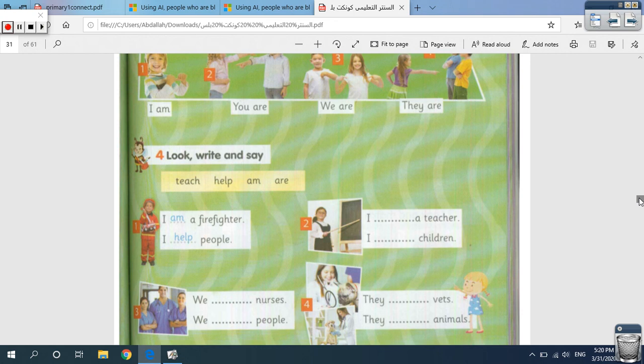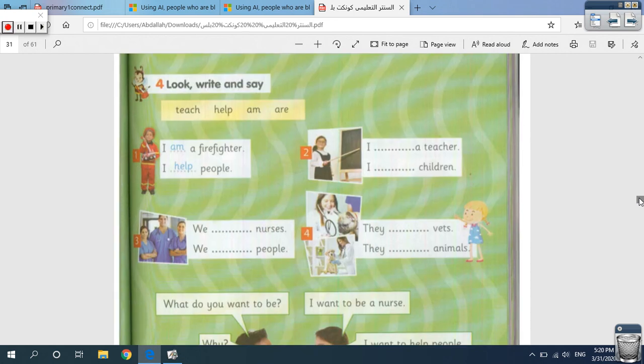Look at the exercise down there. Exercise number 4. I am a firefighter. I help people. We choose from these words to complete the exercise down there.